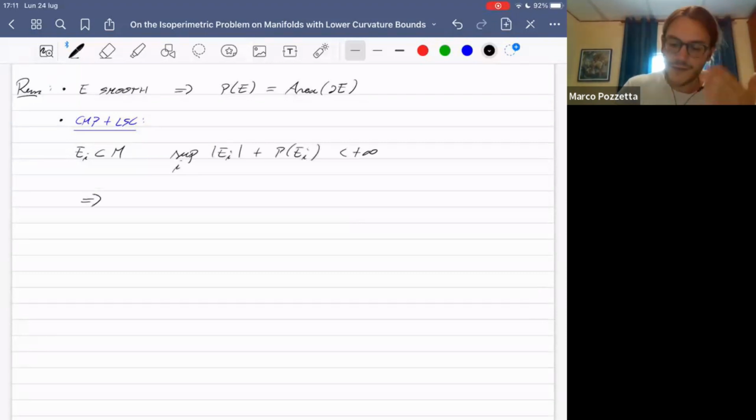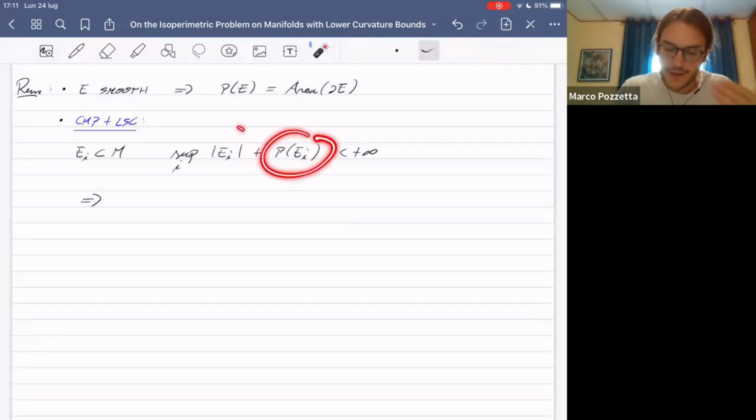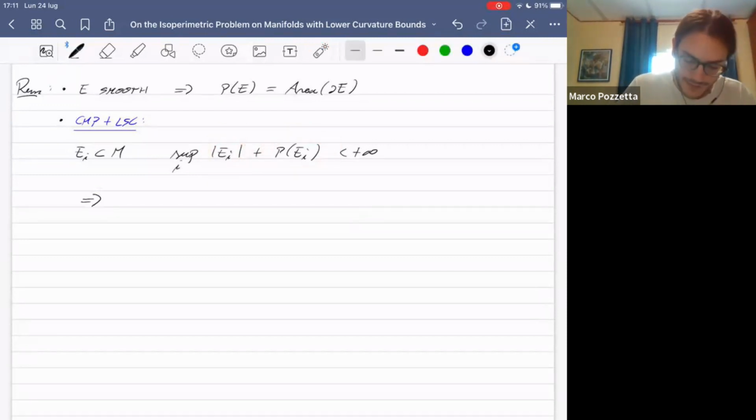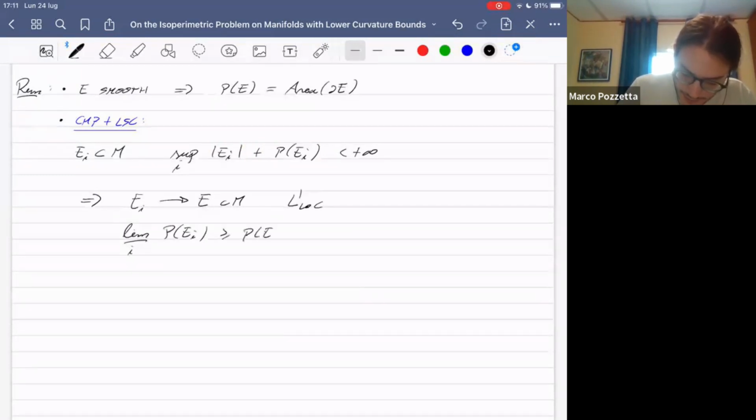So in particular, you have a sequence with equibounded perimeter and equibounded volume. Then, up to a subsequence that I do not write, you can say that E_i converges to some set E in M in L1 loc, and the perimeter is lower semi-continuous. So the limit of the perimeter of E_i is greater or equal than the perimeter of E.